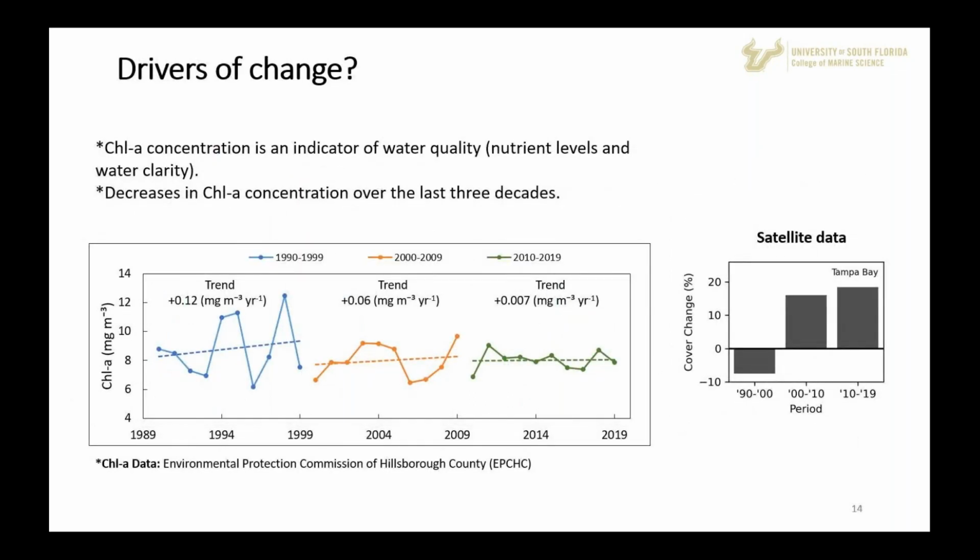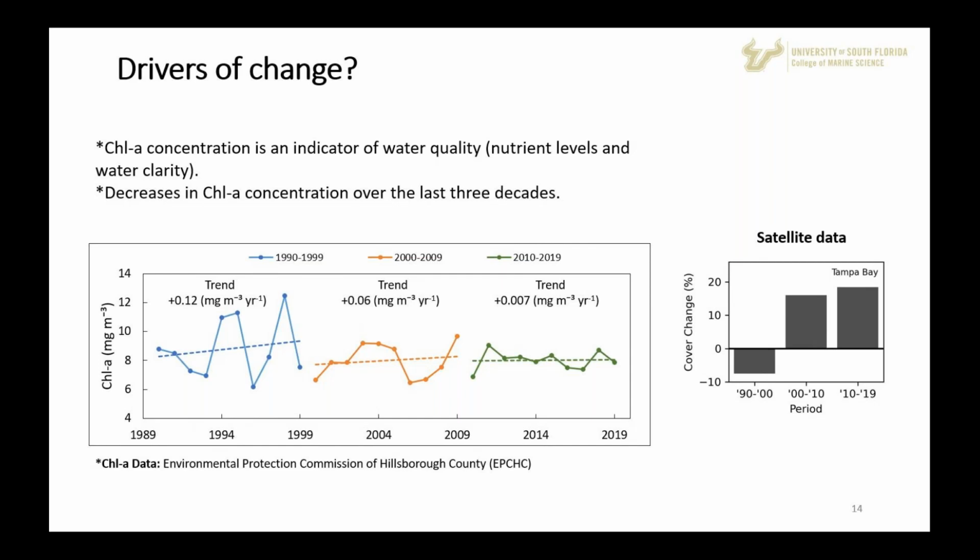So we can attribute those increases in seagrass cover to the changes in chlorophyll concentration inside Tampa Bay. The chlorophyll concentration is an indicator of water quality, especially for nutrients and clarity. The in situ data from the Environmental Protection Commission shows that the interannual variability and the trends over the last 3 decades have been decreasing.